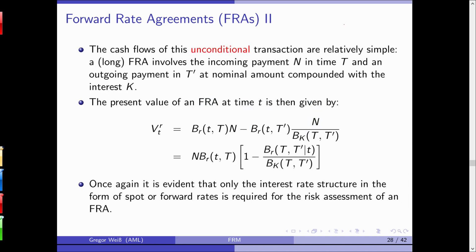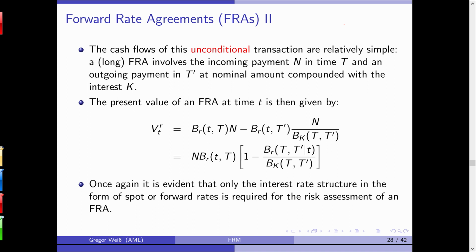Now, how can we find a price here? Now, the cash flows of this unconditional instrument, remember that this is not conditional on any decision any party can make, but this is unconditional. Every party has to stick to the original plan laid out in the contract. It's relatively simple.